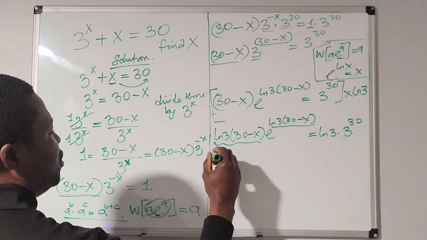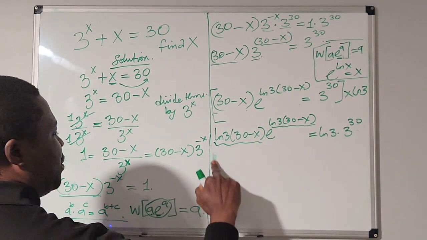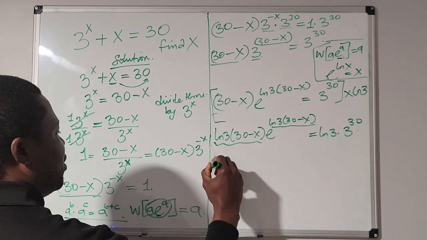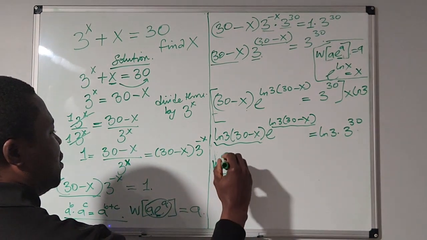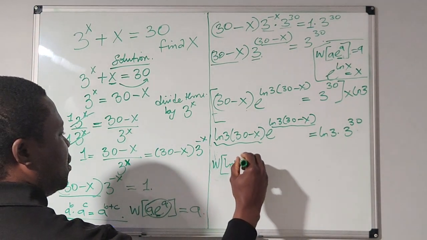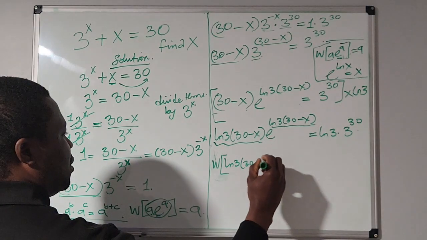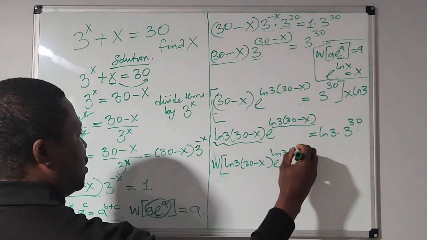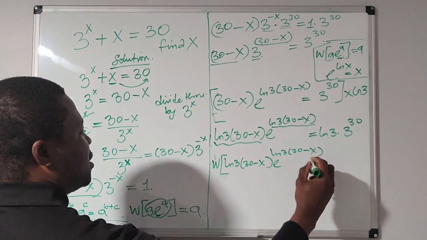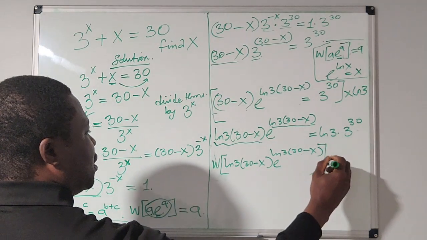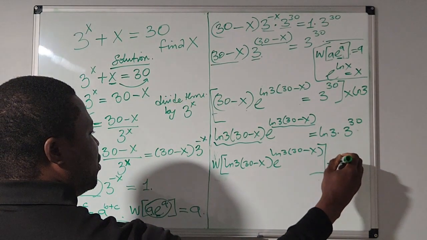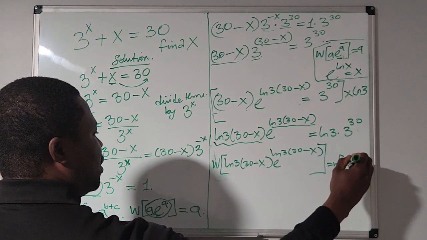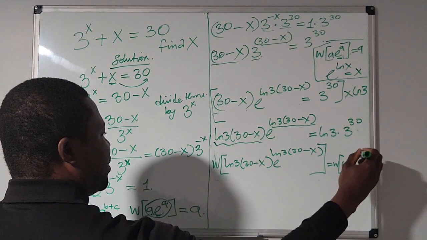So if we introduce the Lambert's formula, e raised to power ln 3 (30 minus x) equals W of ln 3 raised to power 30.